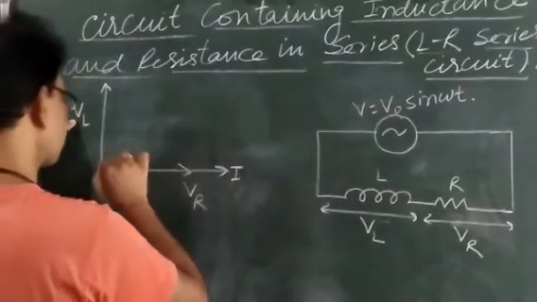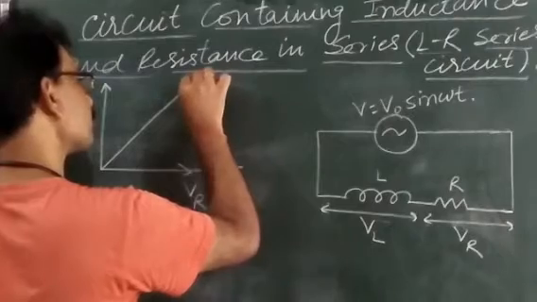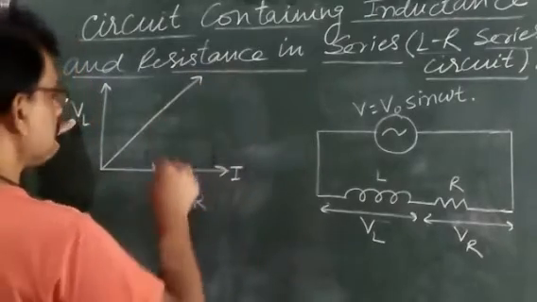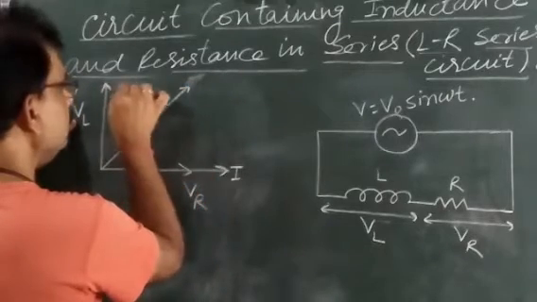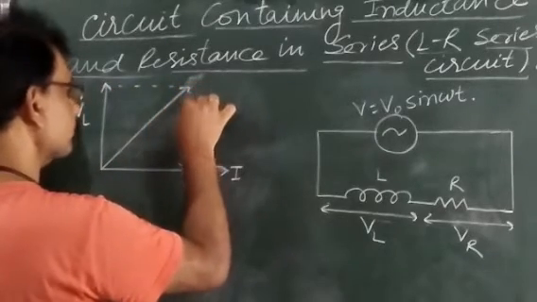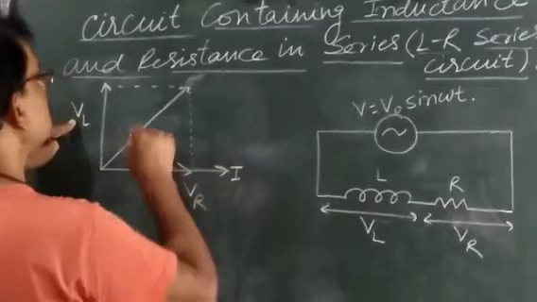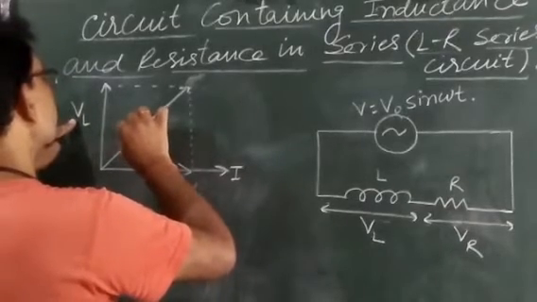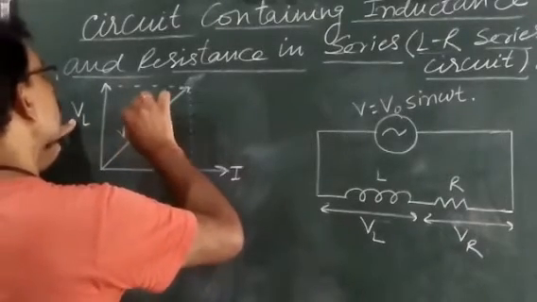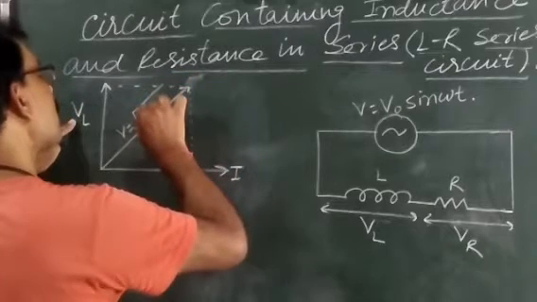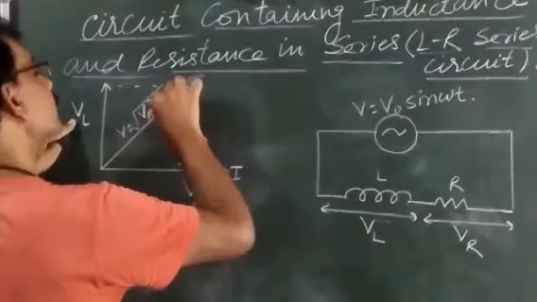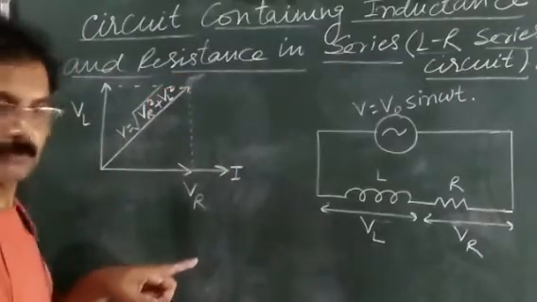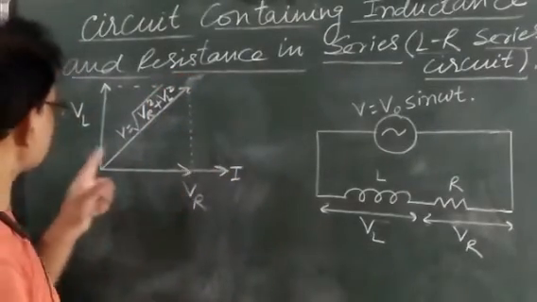Now the vector sum of VL and VR is equal to the applied voltage. This resultant V is equal to root of VR square plus VL square, because this vector is VR and this vector is VL.